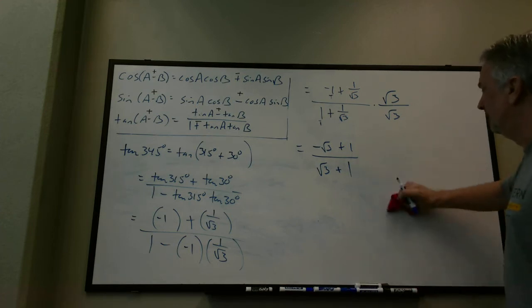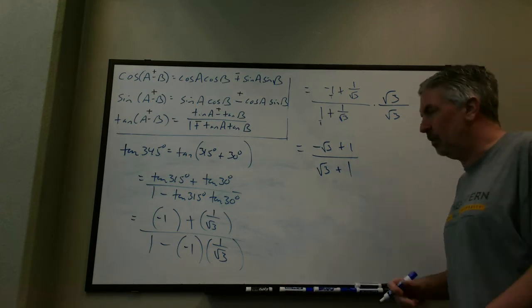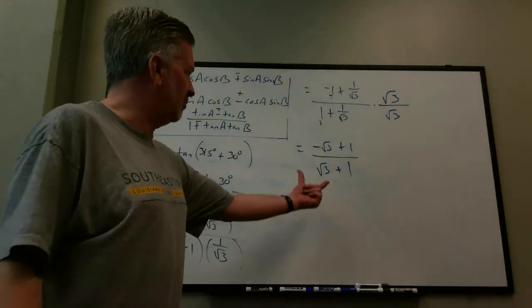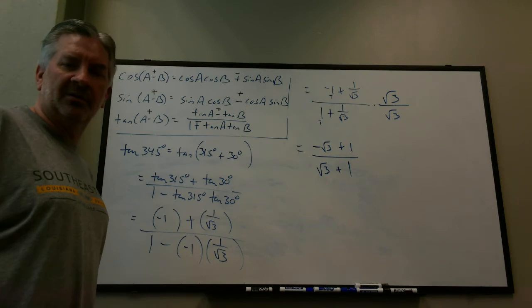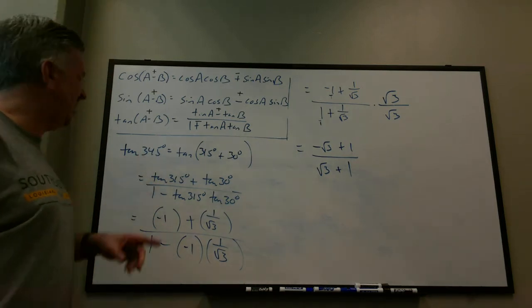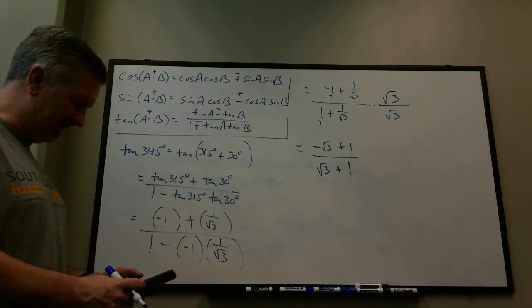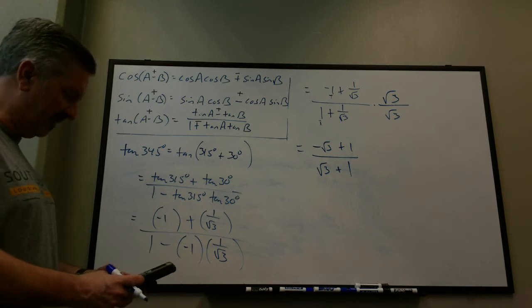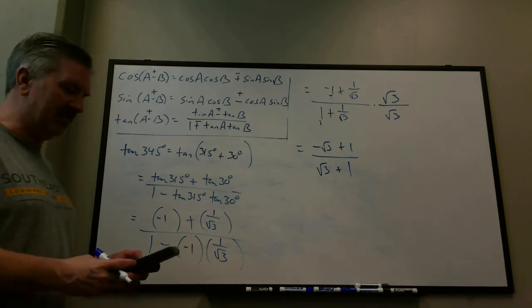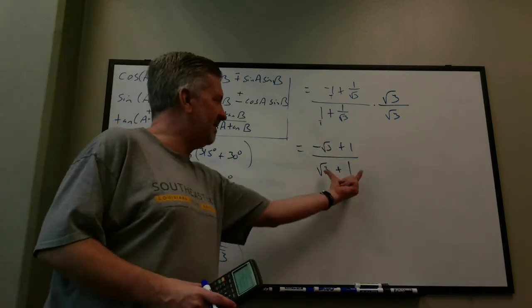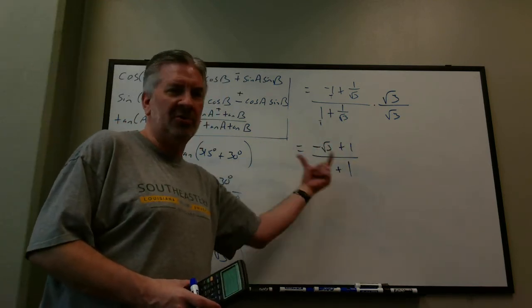Now, on a problem like this, even though it said give the exact value, which is what this is, I don't have a decimal. You can check your answer here. We were trying to find the tangent of 345 degrees. I'm still in degree mode. Tan of 345 is approximately minus 0.268. If this is not minus 0.268 when I'm punching in, I've made a mistake.